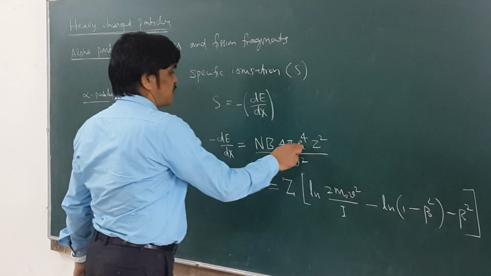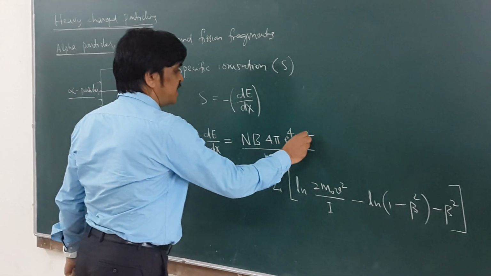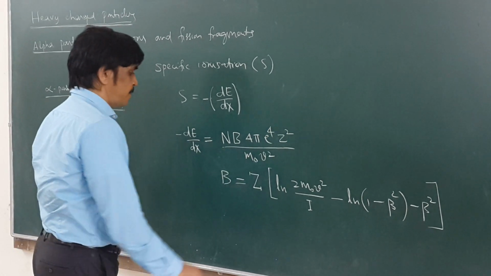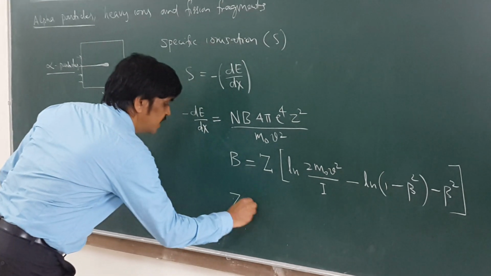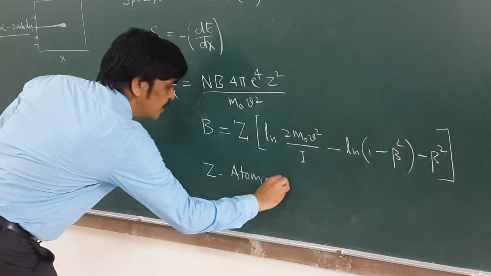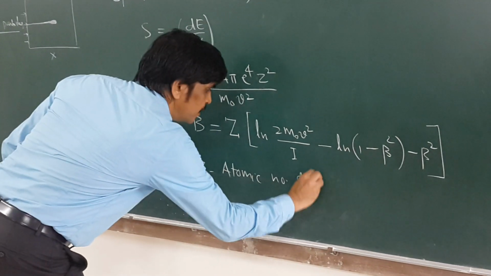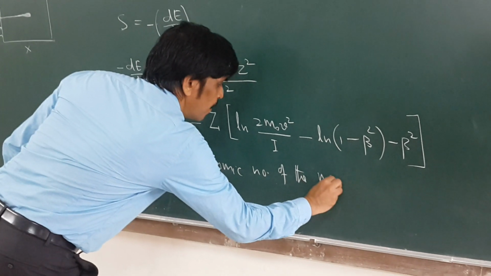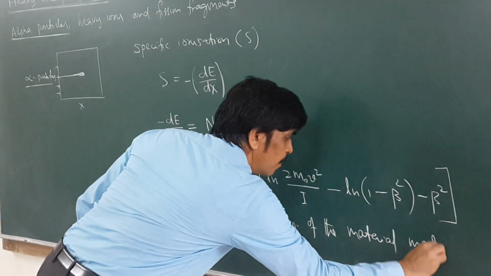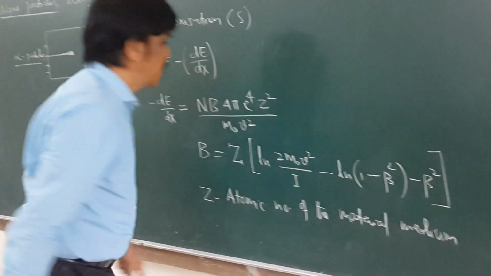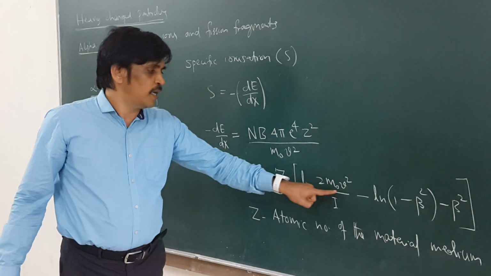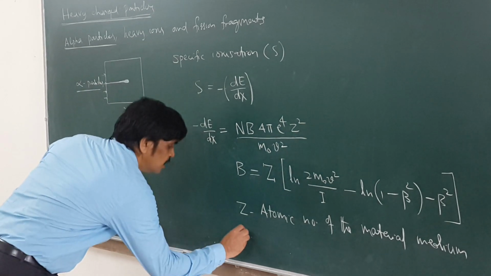So this e is the charge of the electron and z is the charge of the heavy charged particle, and capital Z is the atomic number of the material medium, and m0 is the rest mass energy of the electron, and v is the velocity of the charged particle.